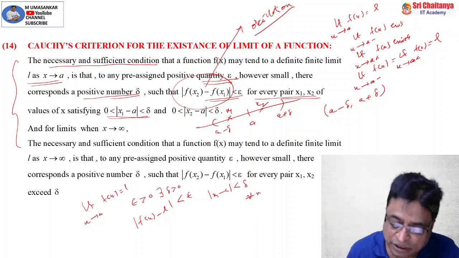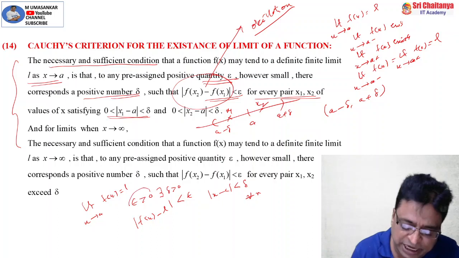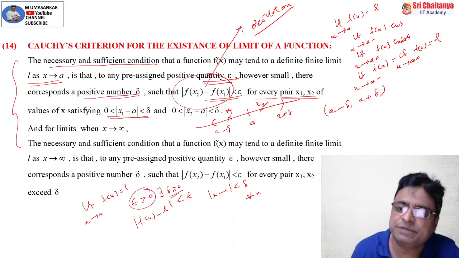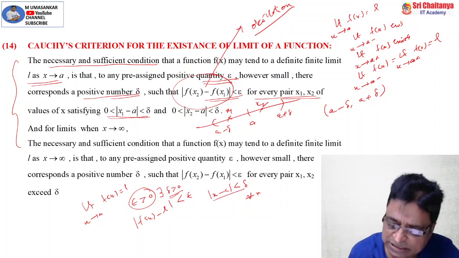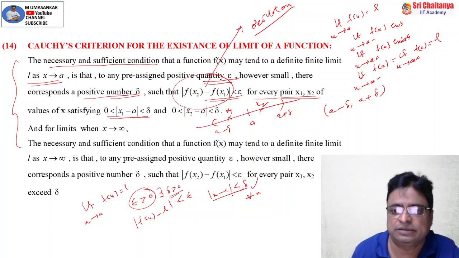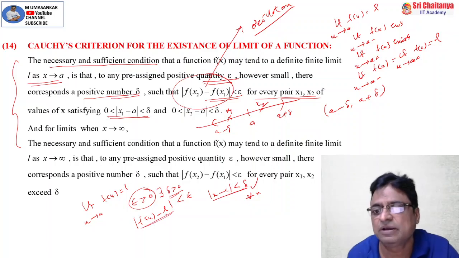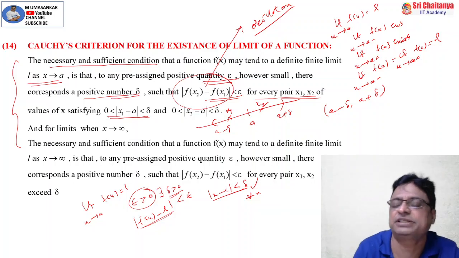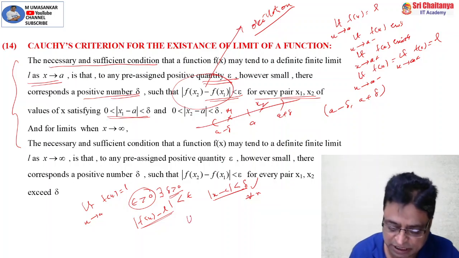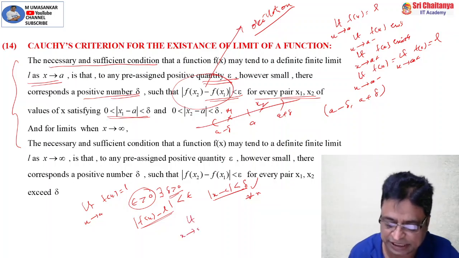That means you take any epsilon, there exists a delta which depends upon the epsilon, such that whenever mod x minus a is less than delta, then the distance between f of x and L is also less than epsilon. Then only that real number L is called the limit of the function as x tends to a. Symbolically, we represent that as limit x tends to a, f of x is equal to L.